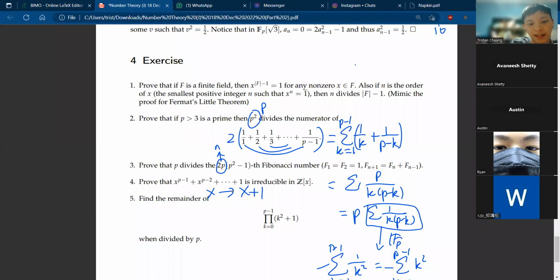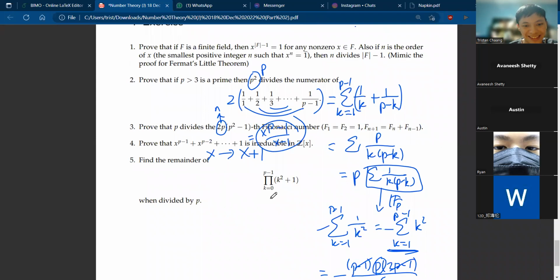But there's also a clever way to substitute x by x plus 1, because if you do it manually, you have to sum a lot of things. It is to also write this as (x to the p minus 1) over (x minus 1). Now I substitute x with x plus 1 in this form, and it will be much simpler.